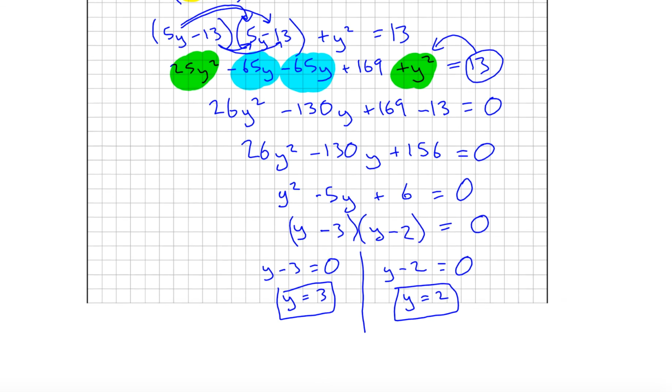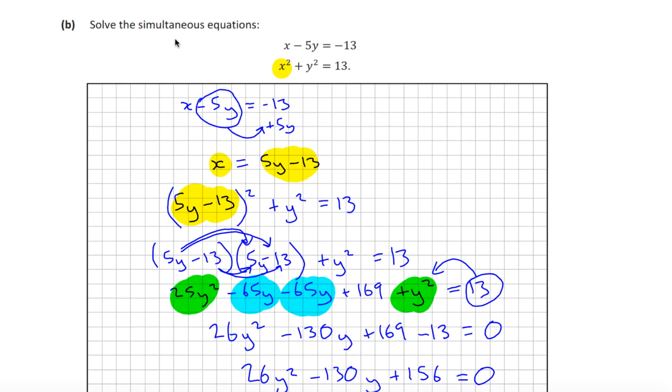And now I want to know what the x values are, because it's a simultaneous equation we're solving, so we have to find the x value as well. So I'm going to take this first equation. Well, actually, I'm going to take this version here, because I have x here in terms of y. So x is equal to 5y minus 13.